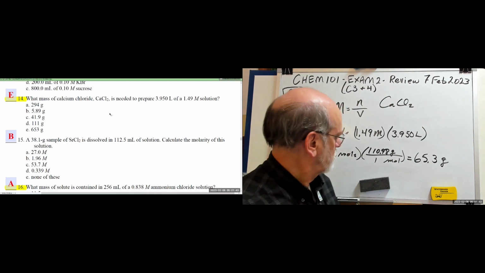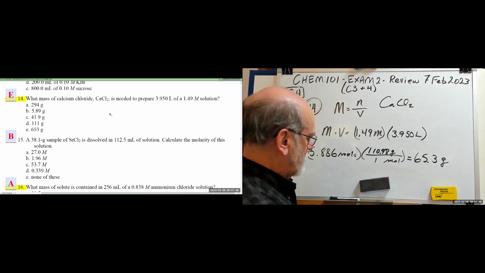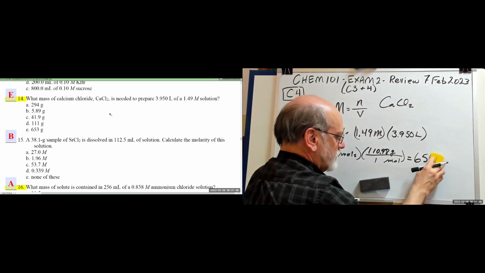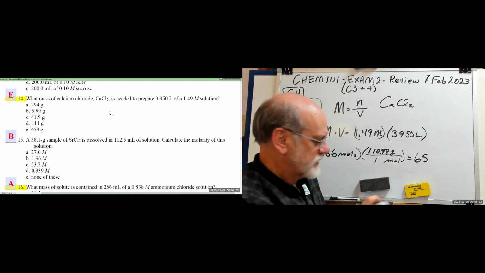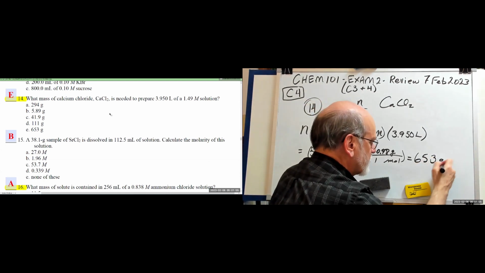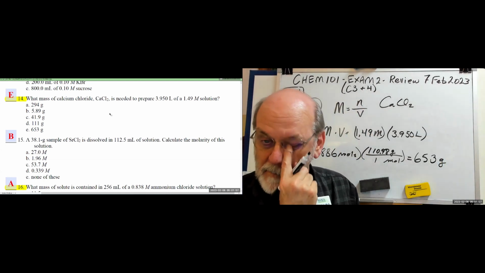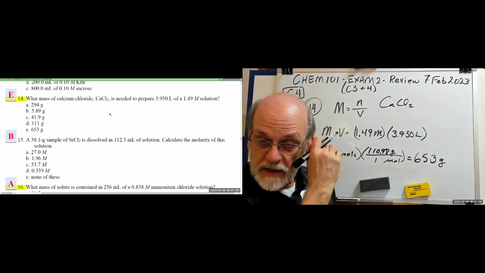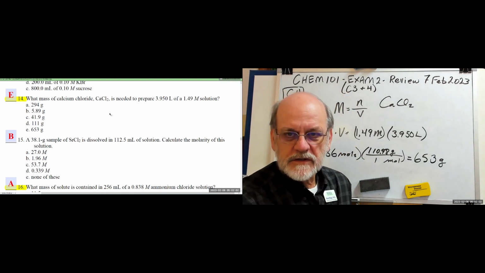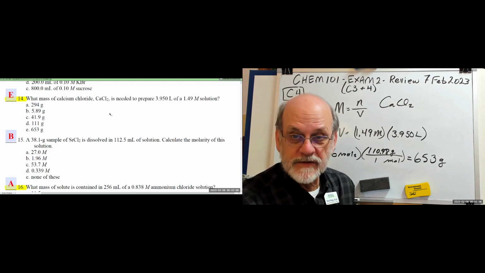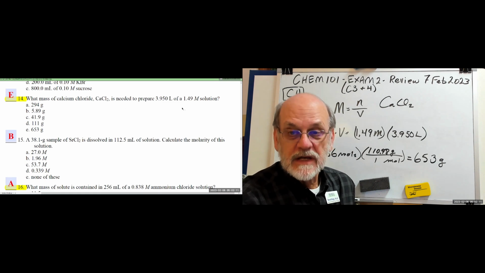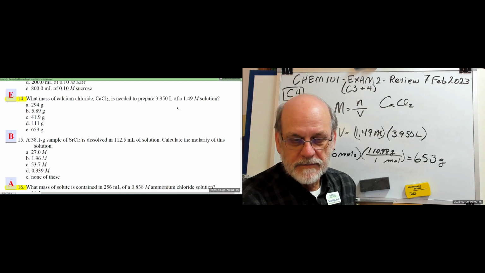Okay, I made a mistake somewhere. Oh, I misread my calculator. 653 grams. There we go. 653 grams dissolved to make 3.950 liters of final solution gives you a 1.49 molar solution.